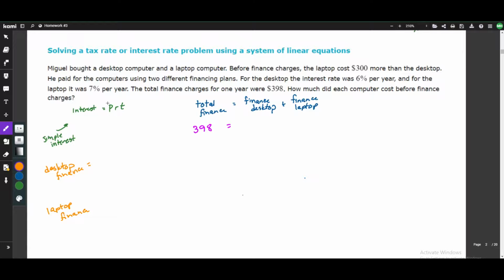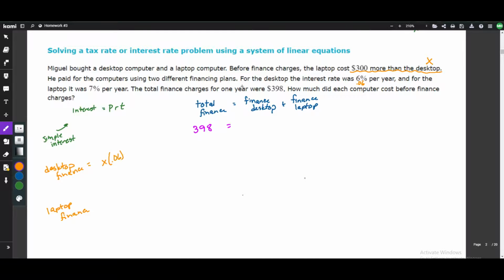So what did I pay for it? Before finance, the laptop cost $300 more than the desktop. What I'm comparing to, the last word is the desktop, so that is going to be my X. So I'm paying X for my desktop. My rate for my desktop is 6%, which is 0.06.